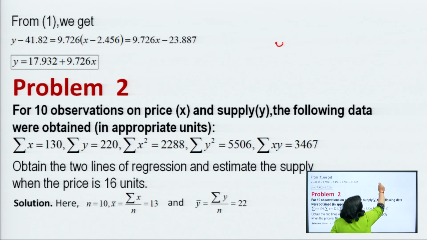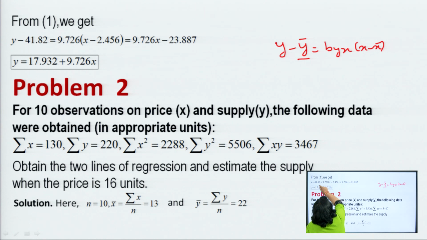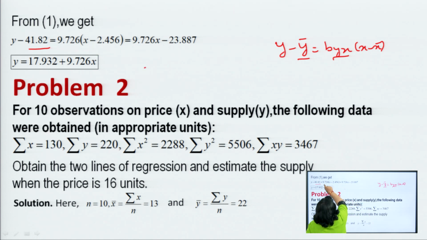We write the equation again with byx, x bar and y bar, putting y bar as 41.82, byx as 9.726, and x bar as 2.456. Solving the equation, we find the required solution.